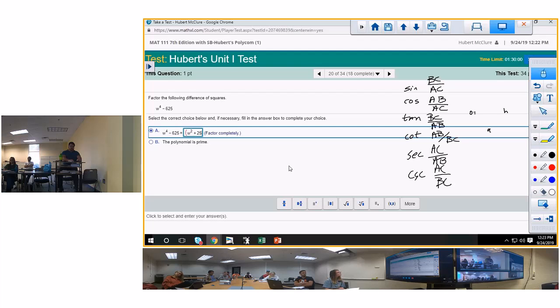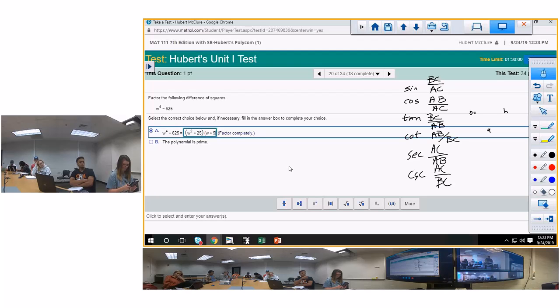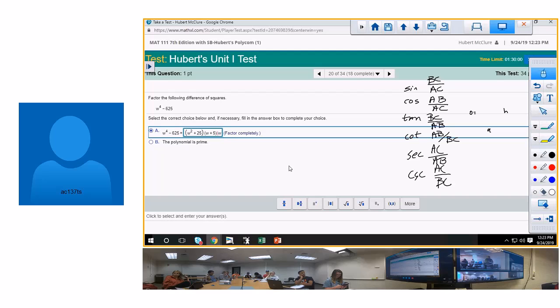What do those two words say? Factor completely. What is W squared minus 25? Difference of 2 squares. W plus 5 times W minus 5. That should be your answer. I don't know why it made the parentheses smaller, but that's the answer.